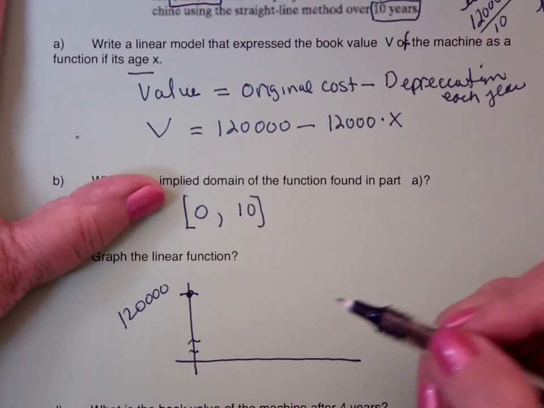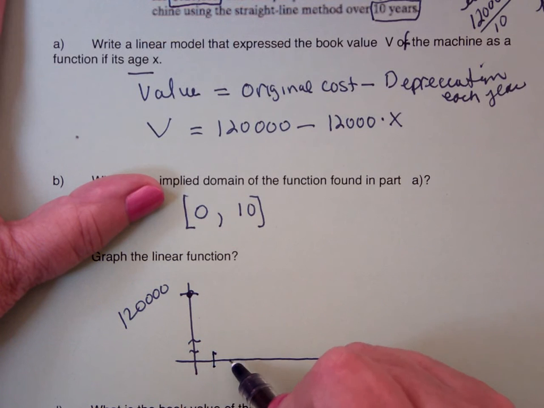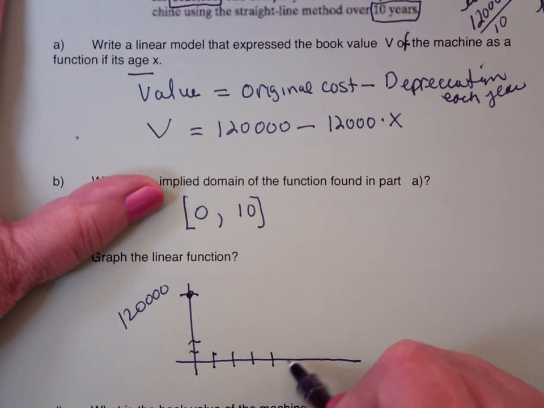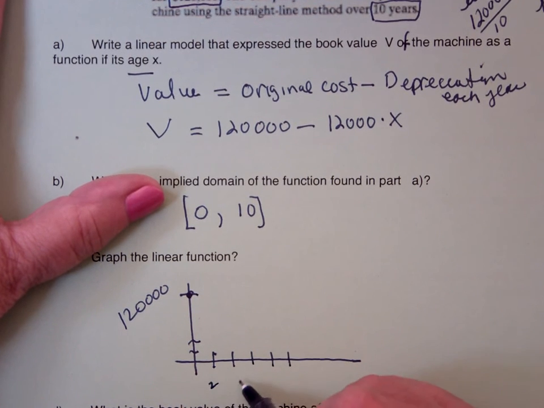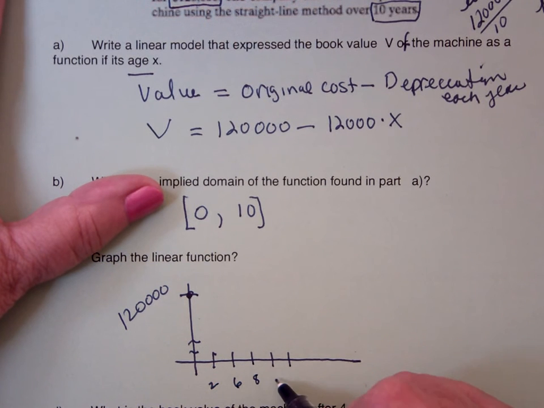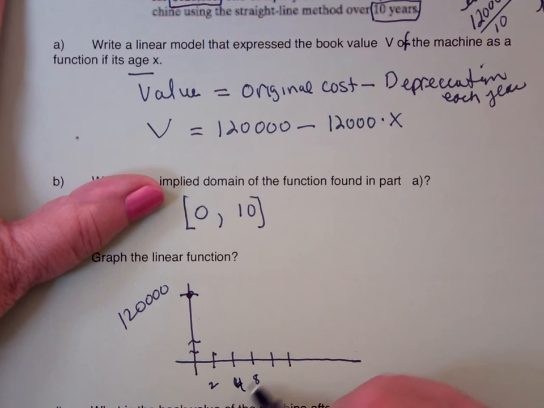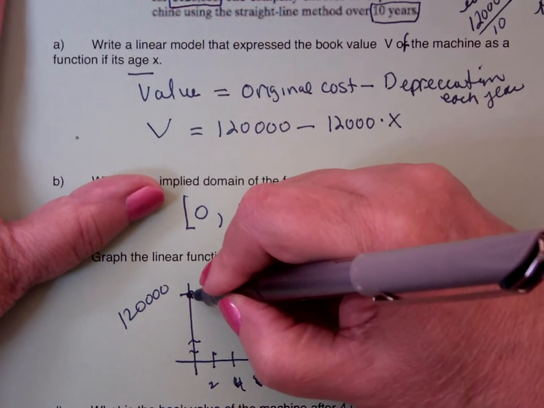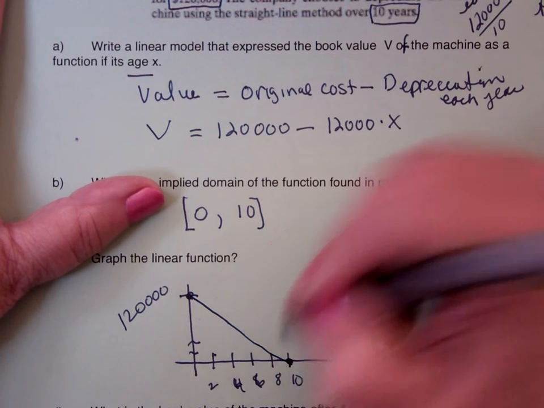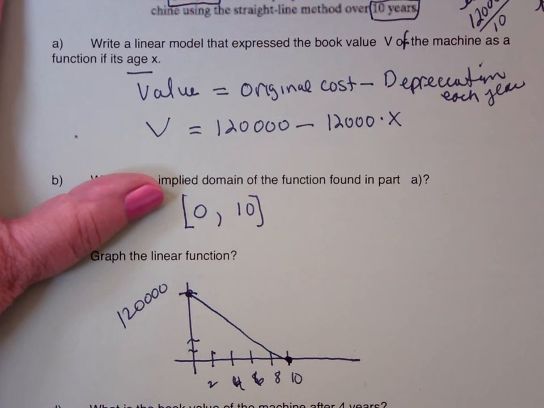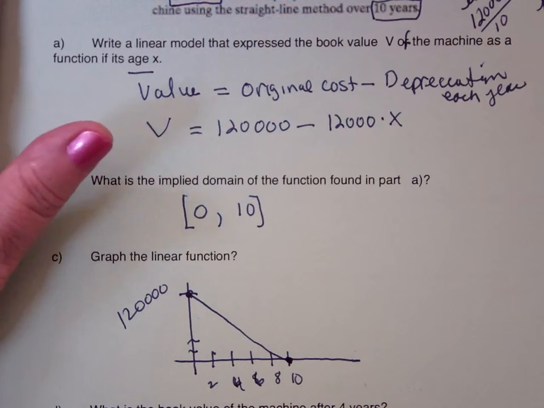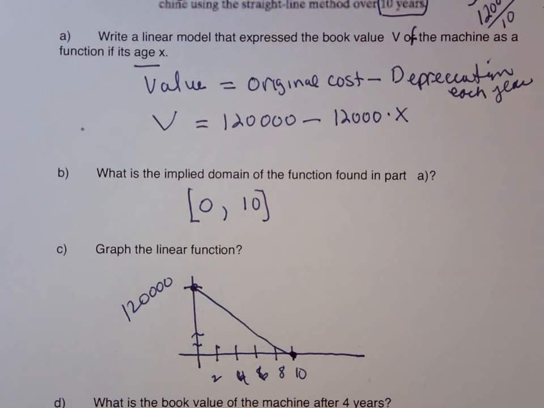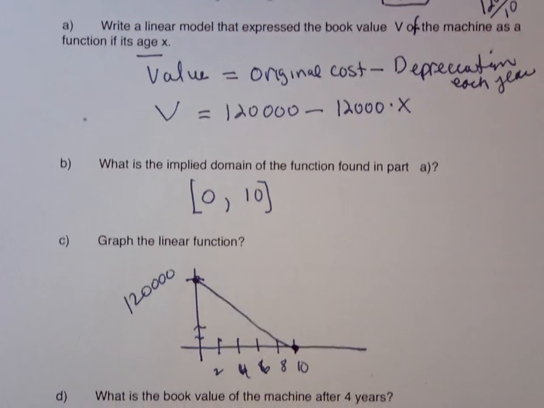And after 10 years, so 2, 4, 6, 8, 10, I'm going to make these in twos, it's worth nothing. So if I connect those two dots, that's what the graph would look like. That's why they call it straight line depreciation. Every year you depreciate the same amount.